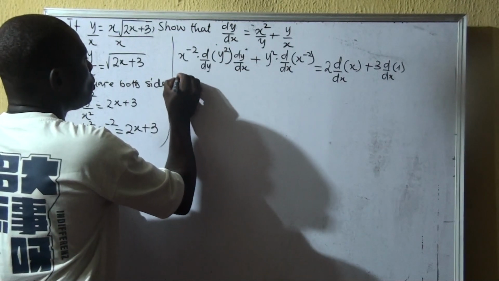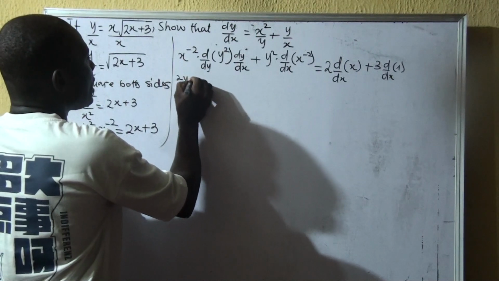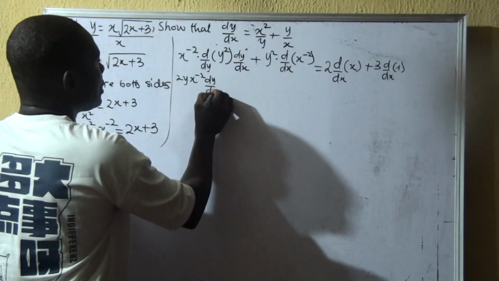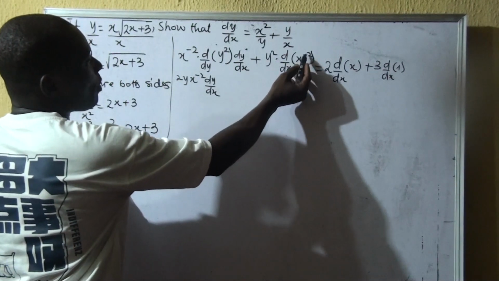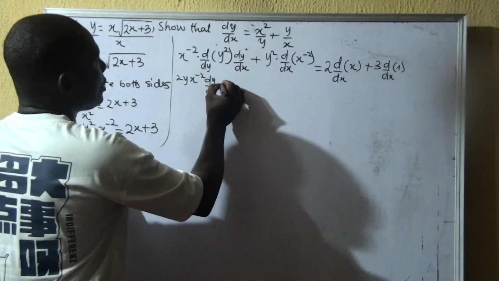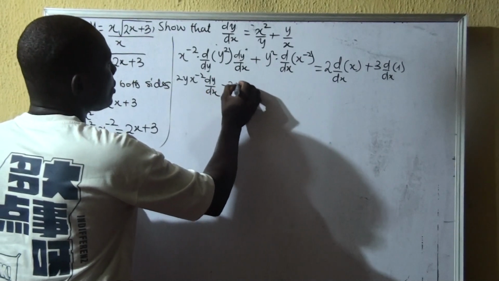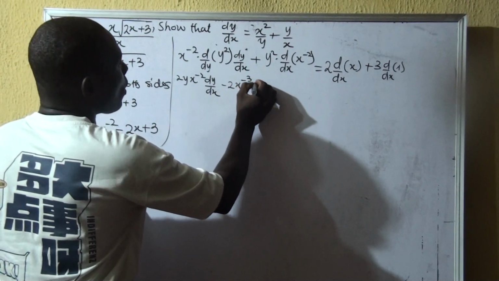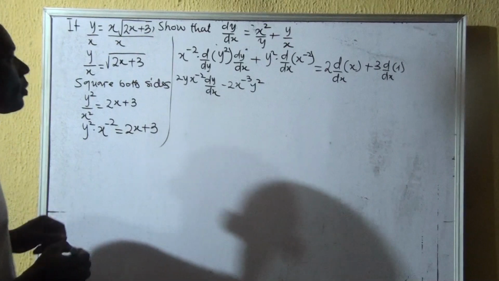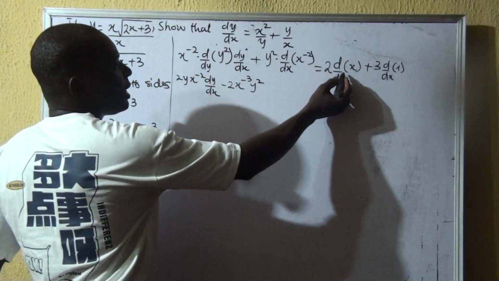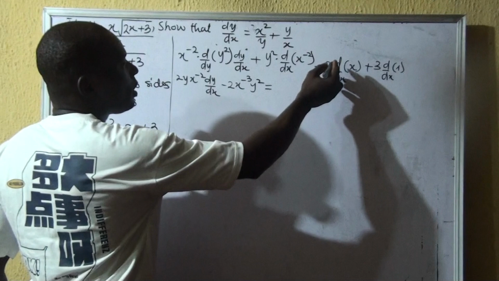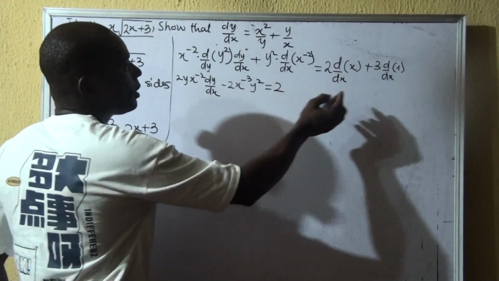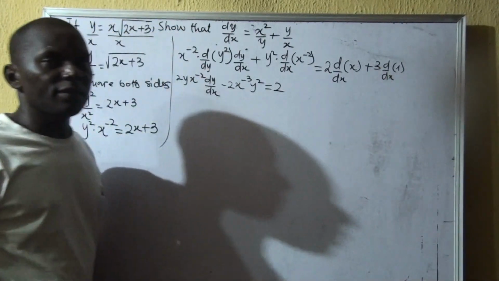So here we have 2y x raised to power minus 2, remember we have the dy/dx there. Then differentiating x raised to power minus 2 gives minus 2 x raised to power minus 3, times y squared. Then if we differentiate the right hand side, 2 times the derivative of x gives 1 times 2, which is 2. The derivative of a constant is 0.